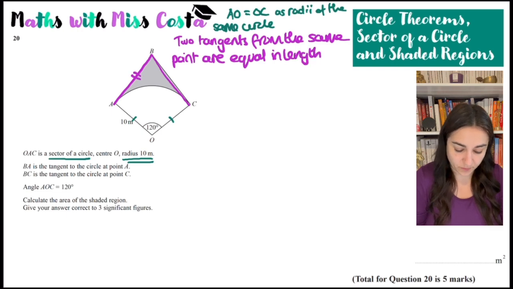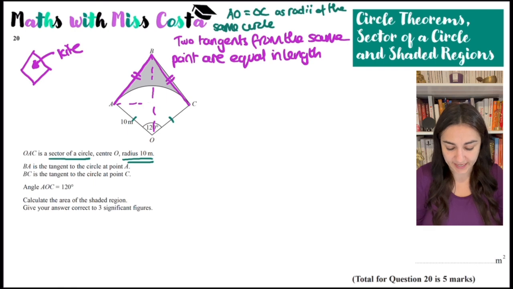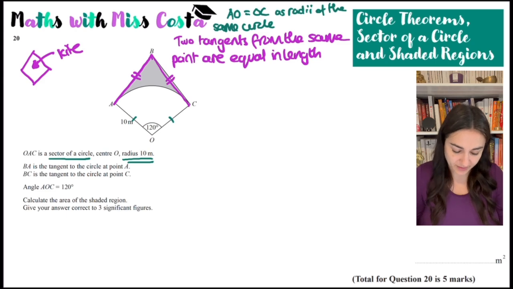So therefore, I know that these two sides are equal, and then I know that I have a kite. So I know I'm dealing with a kite which has two pairs of equal sides, and I know that its diagonals bisect at right angles, at 90 degrees. Once again, I don't know if I need that information, but it's just getting every piece of information we can extract from the question.